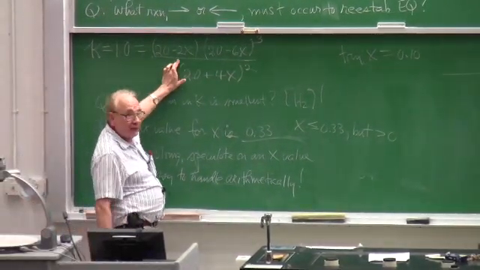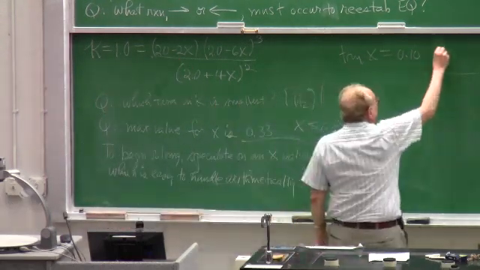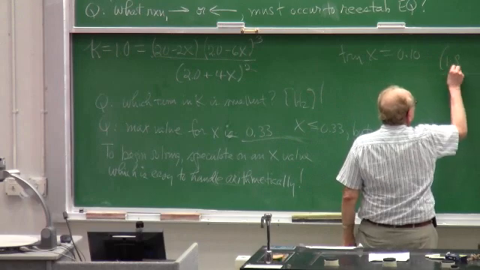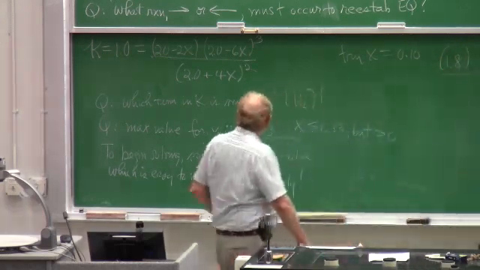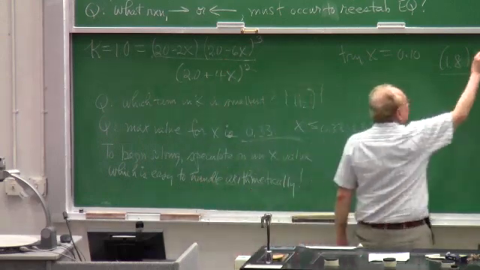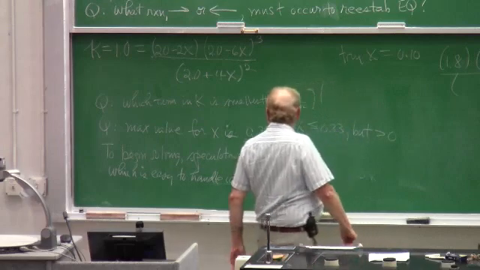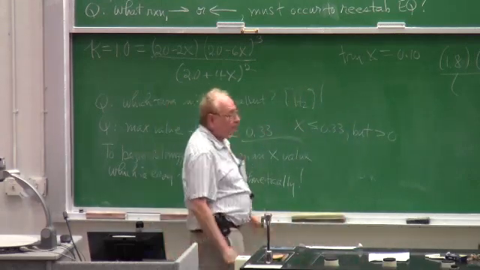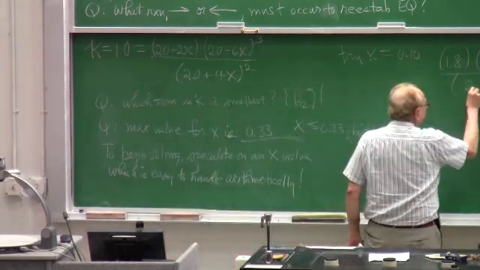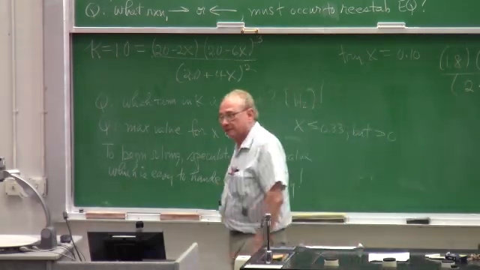Well, watch out, this is really tough. 2.0 minus 0.2, that's 1.8. 2.0 minus 0.6, that's 1.4. And 2.0 plus 0.4. Boy, that was really hard.